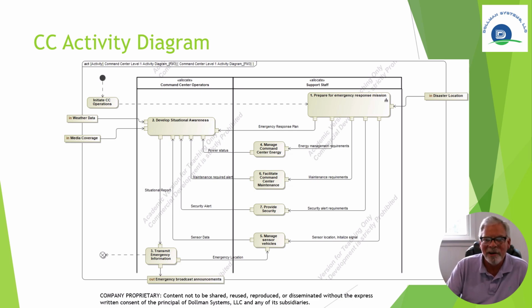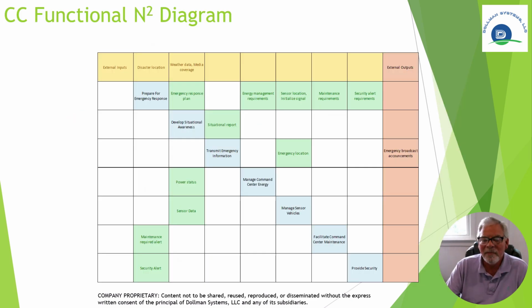In this particular diagram, we have an activity diagram, which shows activities which occur within the system and interactions between functions and actors. Another critical part of the systems engineering process is creating n-squared diagrams.